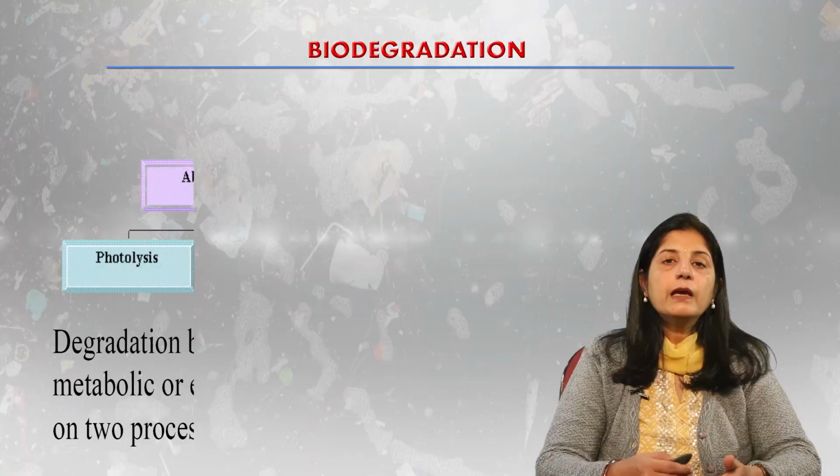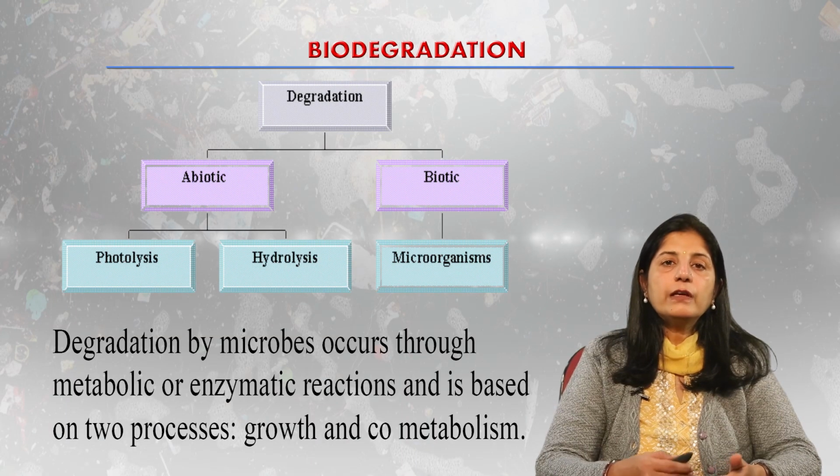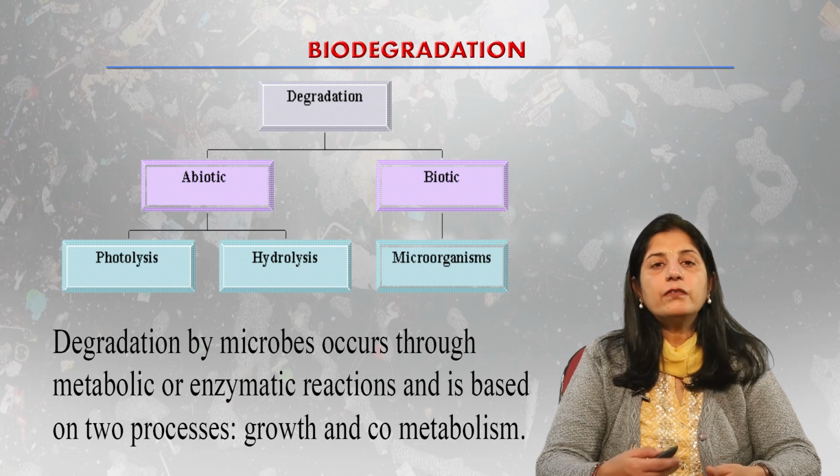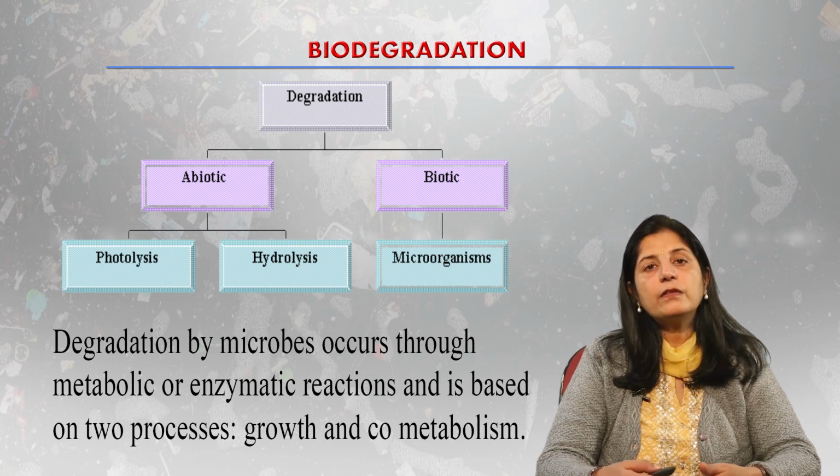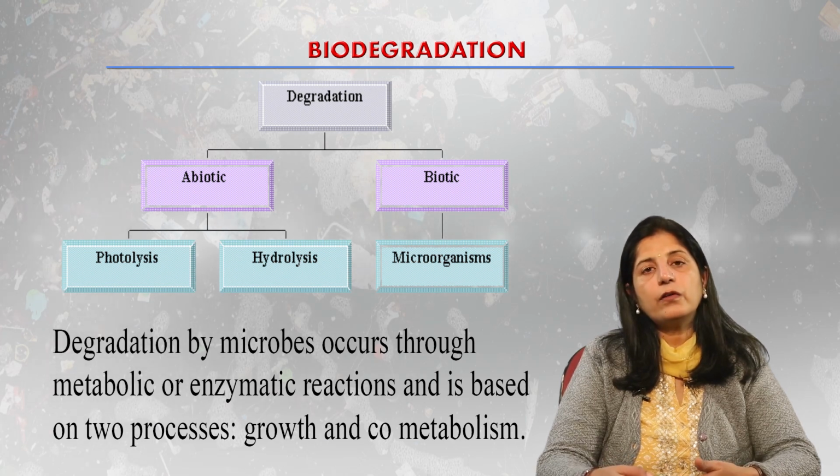So, first is biodegradation. Nature has different mechanisms by which it can degrade most of the chemicals present in nature, and this degradation can be abiotic when it takes place by various physical and chemical processes occurring in nature, such as photolysis and hydrolysis.